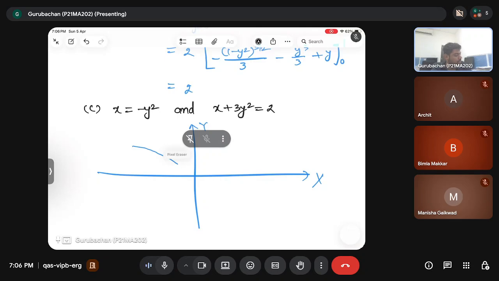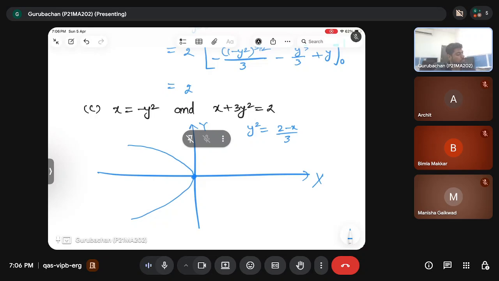It will be like this. And the other curve is y square equal to (2 minus x) divided by 3.